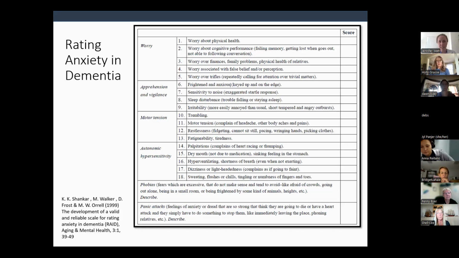And so the RAID scale, as it sometimes gets called, is really helpful from that perspective because it helps us to incorporate those signs and symptoms that we can see in people living with dementia.